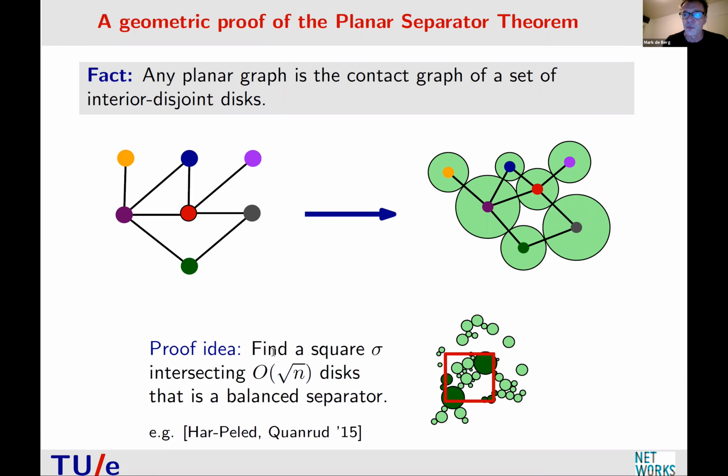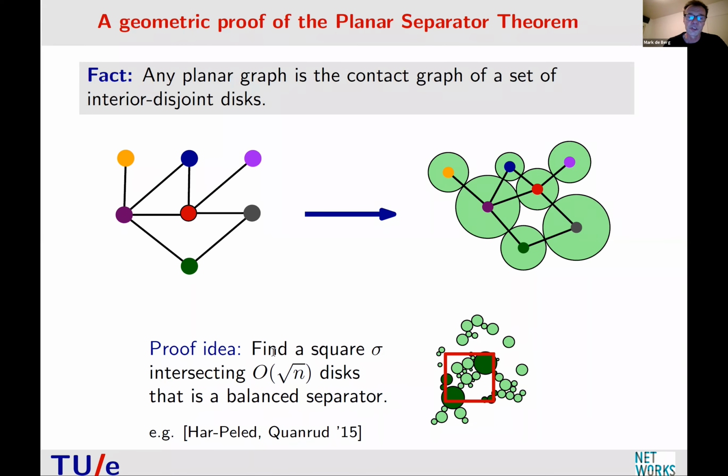So the proof idea is to take this set of disks, this geometric representation, and now to show that there is a square, the red square here, such that the number of disks strictly inside and strictly outside is going to be at most, well, not 2/3 of n, we will get a slightly different constant, but at most a fraction of n.